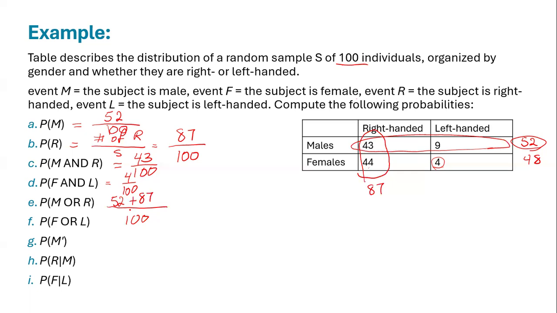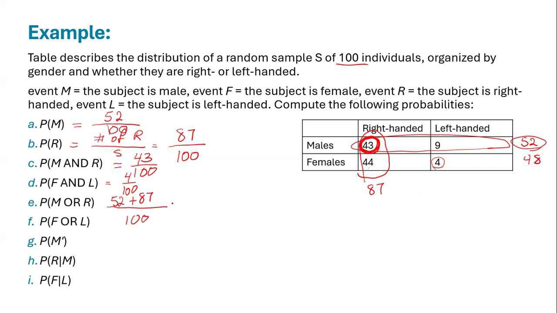There are 43 people in the intersection of these two, who are male and right-handed, and you count them two times when you add these two numbers, because those 43 are in the 52 males and also in the 87 right-handed.